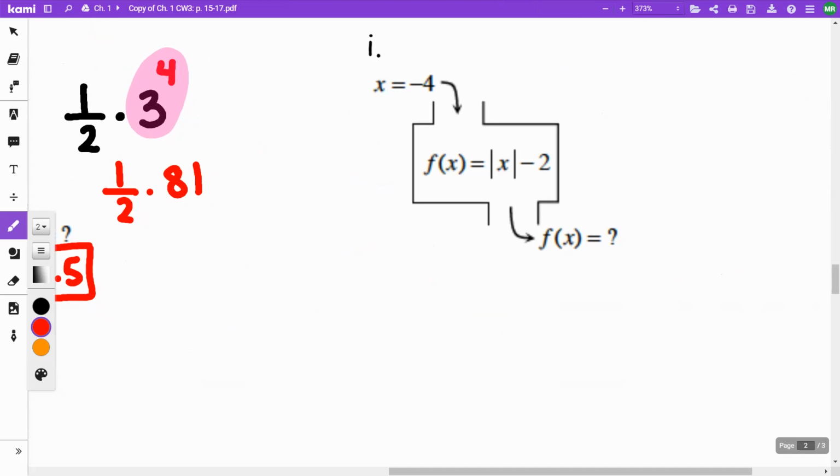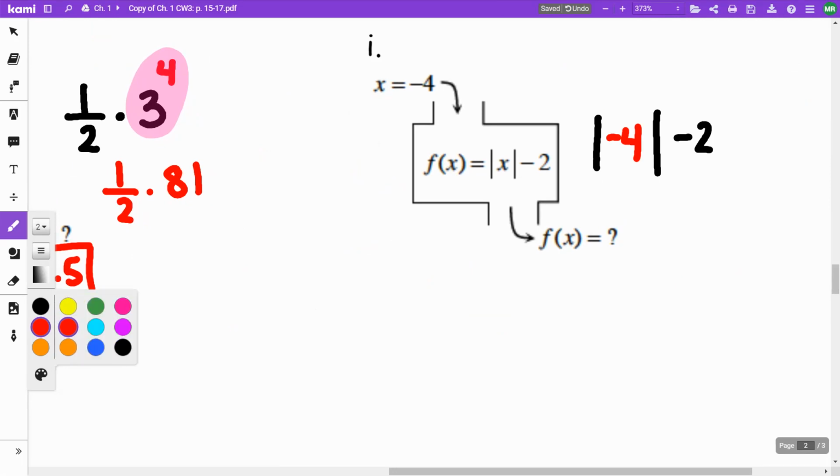On letter I, I'm going to put in a -4 into the absolute value. So I'm going to put a -4 and take the absolute value of -4, and the absolute value of -4 is a +4. So I'm going to get a 4 minus 2, and my answer is 2.